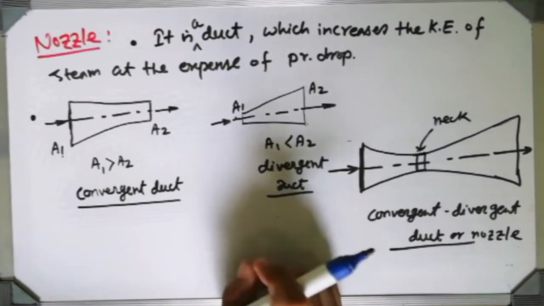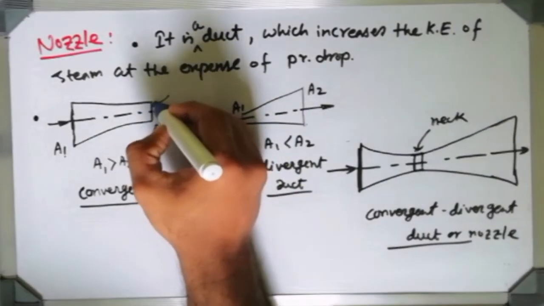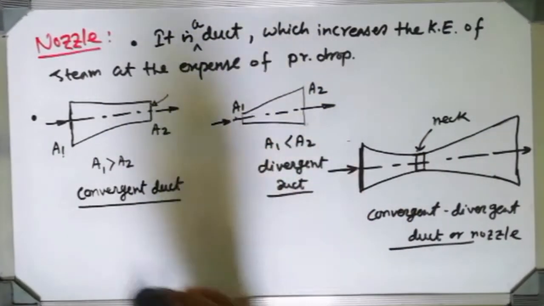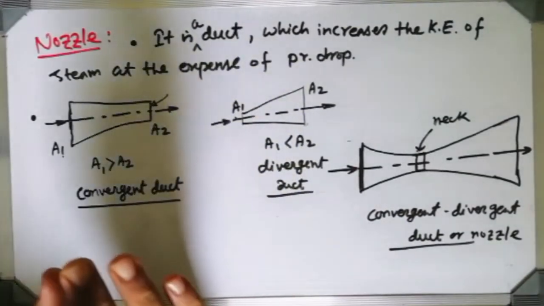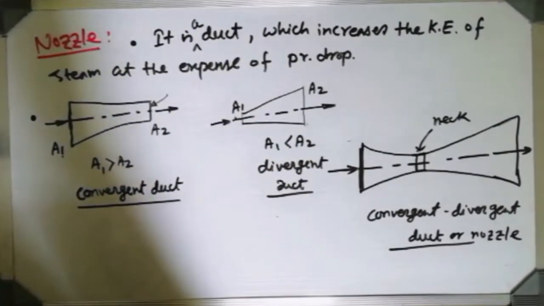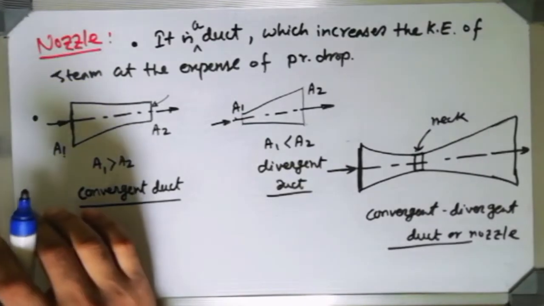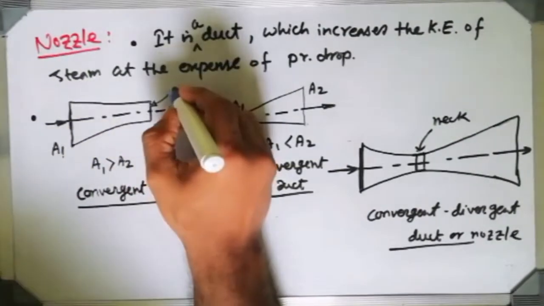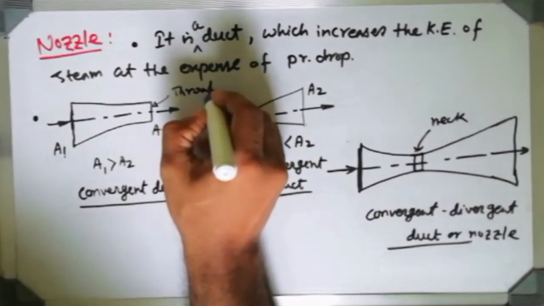Always this minimum cross section, what I am talking about here, is known as the throat of the nozzle. That minimum cross section of the nozzle is always known as the throat.